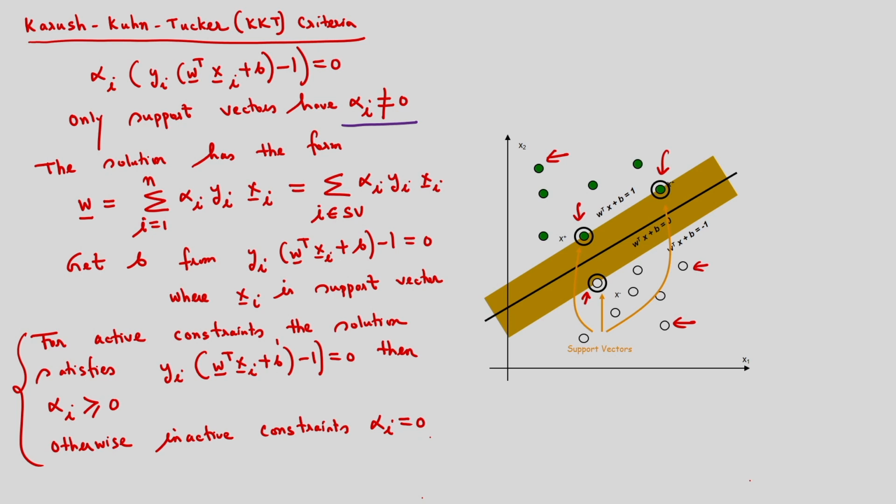Based on this weight vector, because we have derived the expression for the weight vector, I can determine the linear discriminant function. So moving to the next slide. The linear discriminant function G(x) is nothing but W transpose x plus b.